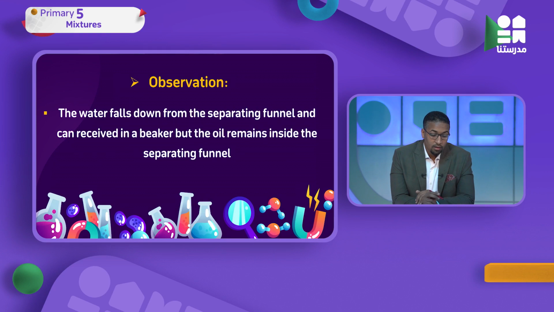The water falls down from the separating funnel and can be received in a beaker, but oil remains inside the separating funnel. In the separating funnel, there is a tap, and when we open the tap, we will let water fall from the separating funnel and we receive it in the beaker. It is just water, no oil. After that, the oil will still be inside the funnel.